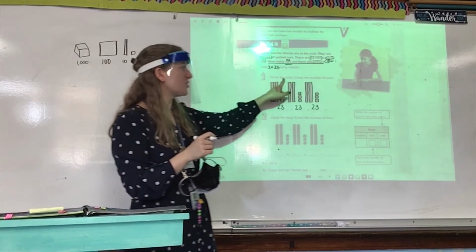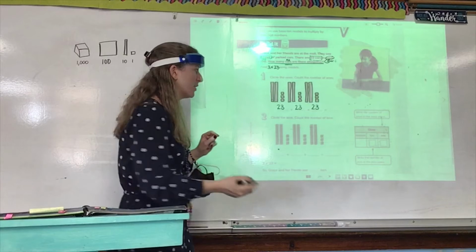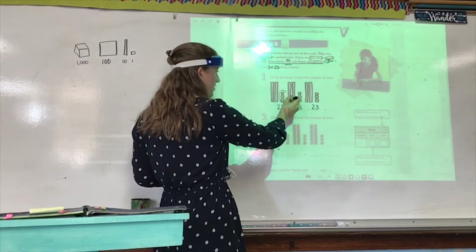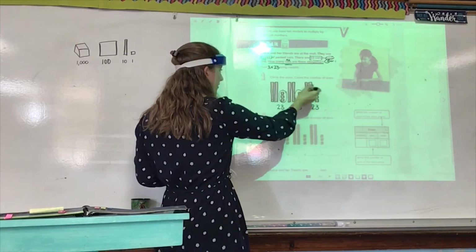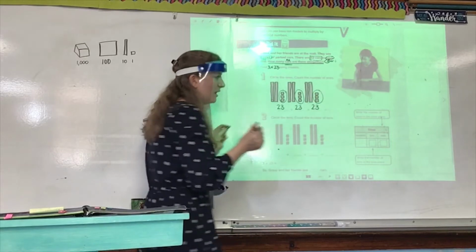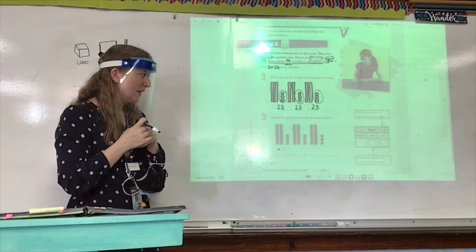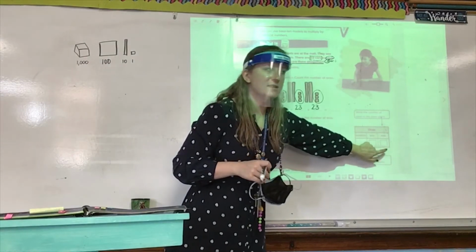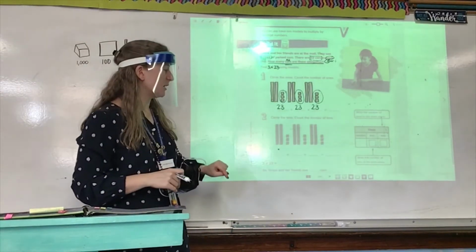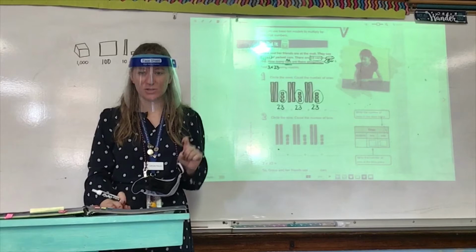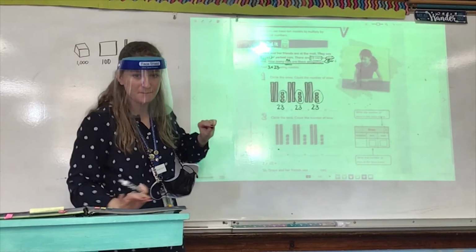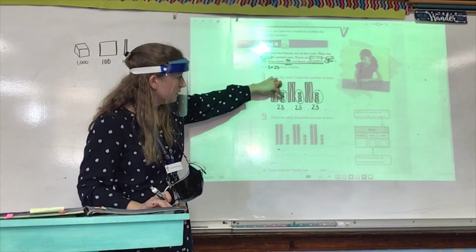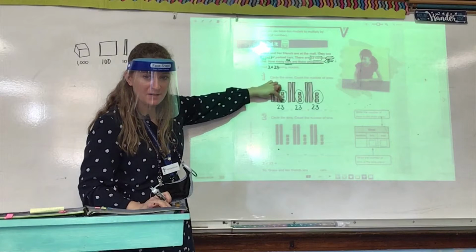Now we need to circle the ones and count the number of ones. So let's circle the ones. Here's one group of ones, another group of ones, and another group of ones, and count them. Once we count them, we'll put the number of ones in our place value chart. So count with me. Remember, don't count until my finger is on it. 1, 2, 3.